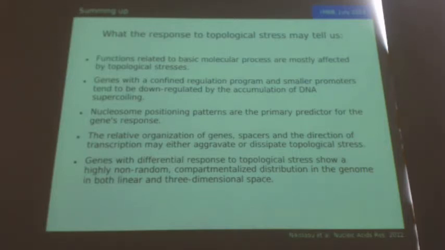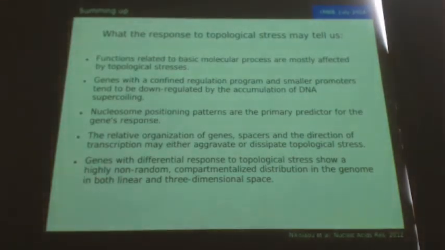So overall, you have conserved essential functions buried in the core of the nucleus around the centromeres, and these genes are smaller, tighter together, and with no specific motif of directionality, whereas located in the suburbs of the genome you have genes that allow, let's say, a more versatile response to at least topological stress. This may also apply to other stress, because most of the stress responsive genes that we look at are located in the outer areas of the genome.